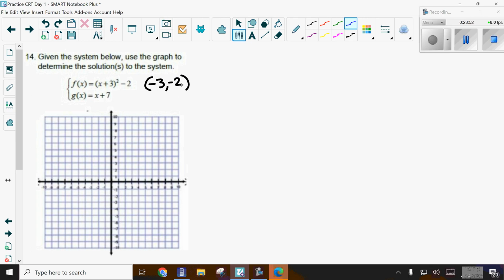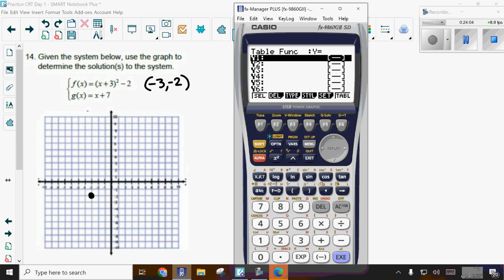So I can tell you right now that the graph is going to start at negative 3, and then negative 2. That's where that shape is going to start. That's our quadratic. It should look like a U shape. If I type that into my calculator, so parentheses x plus 3, close the parentheses, squared minus 2.